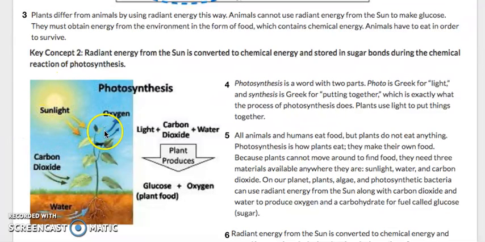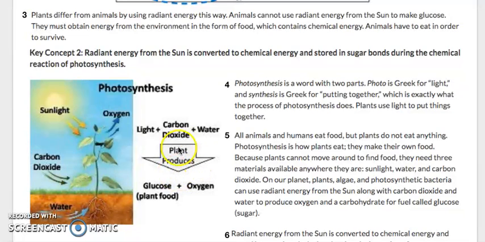If you look over here at the picture, sunlight is going into the plant, carbon dioxide is going into the plant, and water is going into the plant. These are the reactants. So light, carbon dioxide, and water. During photosynthesis that happens in the plant, it produces oxygen, which is released, and the plant food, which is glucose, stays in the plant.